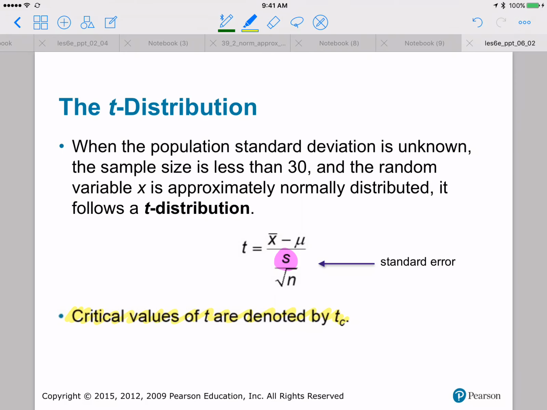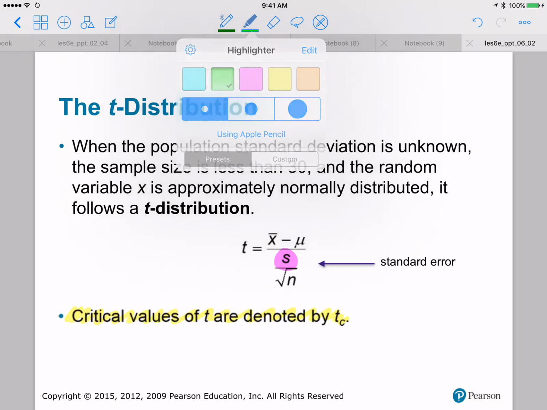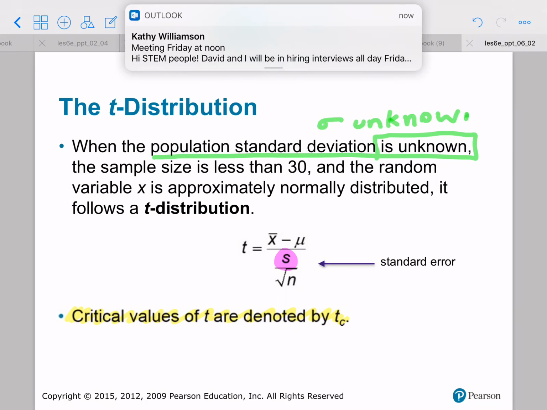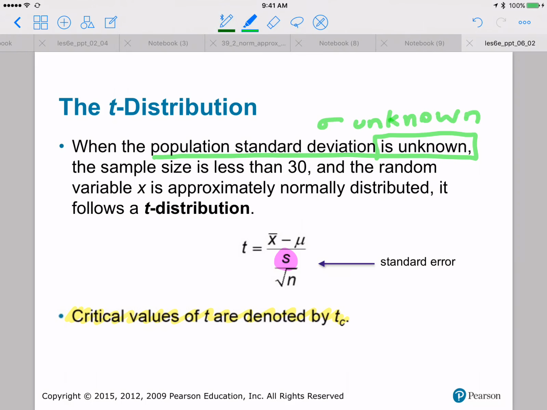Okay. The key thing, the hypotheses, what we'll be assuming when we're working these problems is that the population standard deviation is unknown. That's the same thing as saying sigma is unknown. And we will also be assuming that the sample size is less than 30.